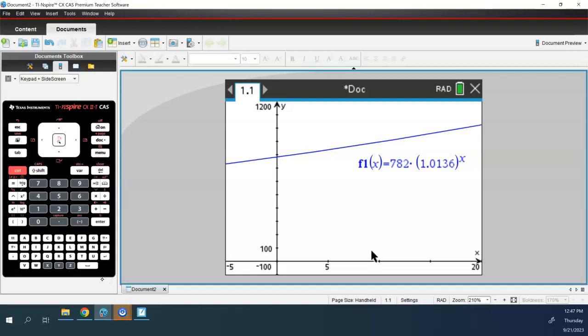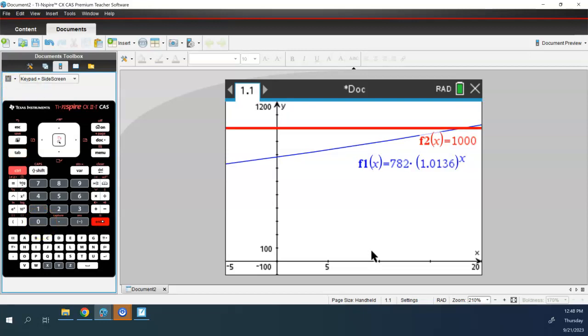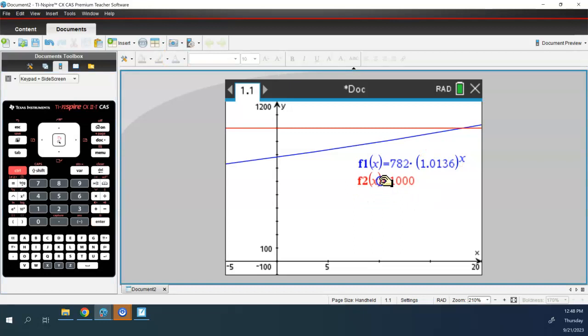So what would we input for a million? We'd input 1,000 for our million. So we can hit tab, and after we hit tab, we can graph the line 1,000. That is our 1 million line.